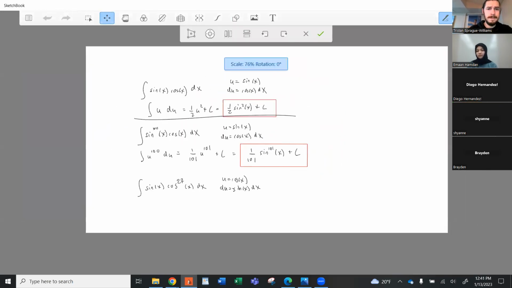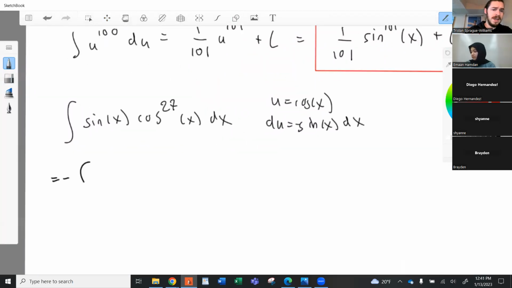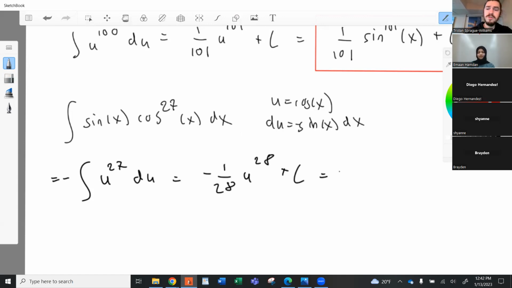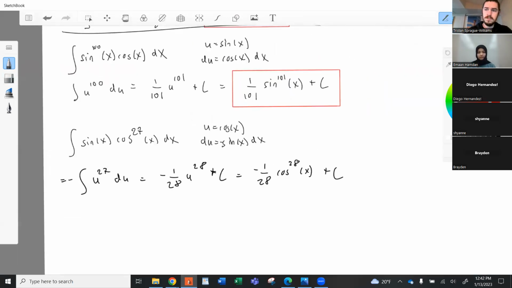Because this is just negative integral of u to the power 27, and then the sine x dx all goes into the du. And you got a similar 1 over 28, u to the 28. But it's with cosine this time. So there we go.